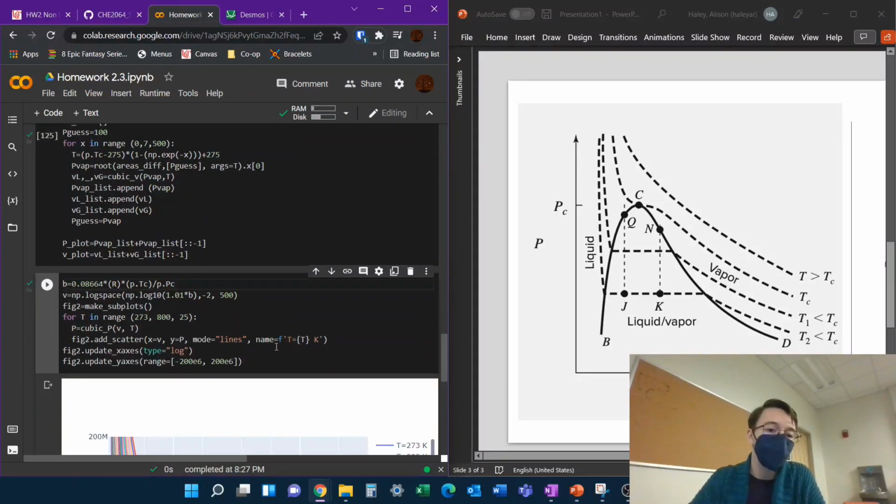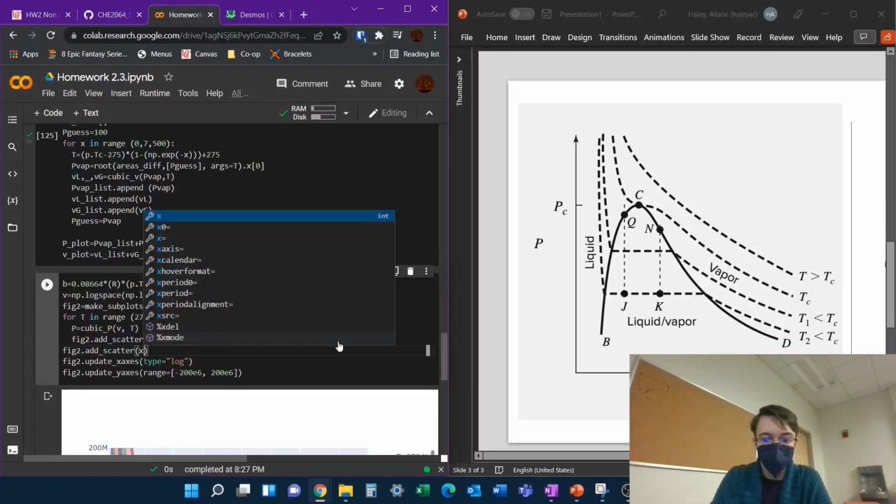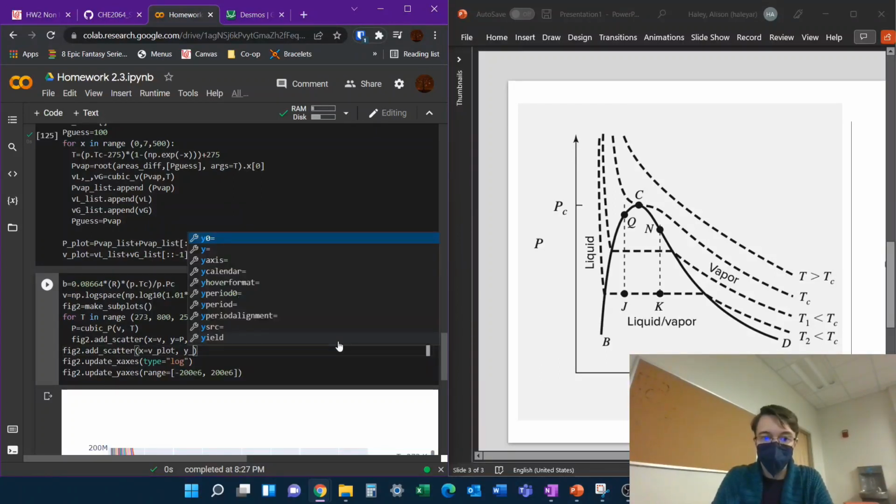So now let's try plotting this. We're going to do fig2.add_scatter, and our x's are going to be our v_plot, so our volumes for plotting purposes. Our y's are going to be our pressures for plotting purposes.